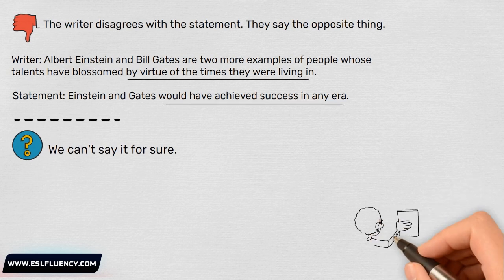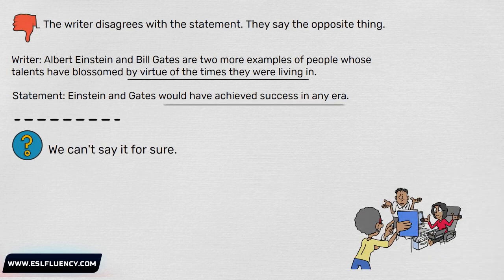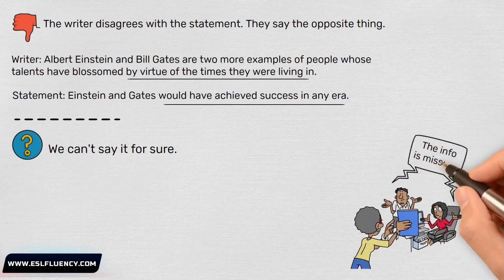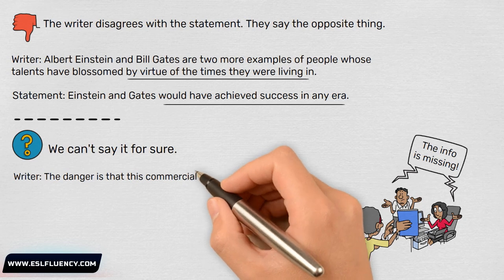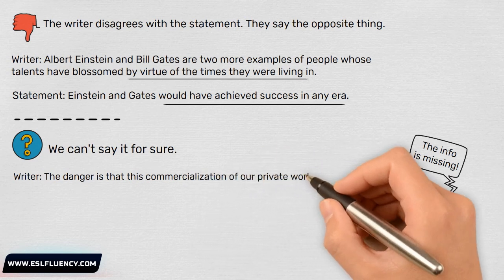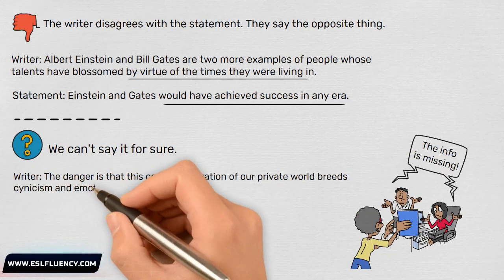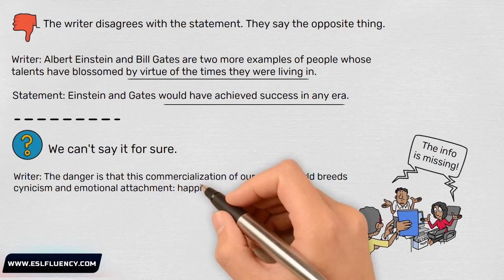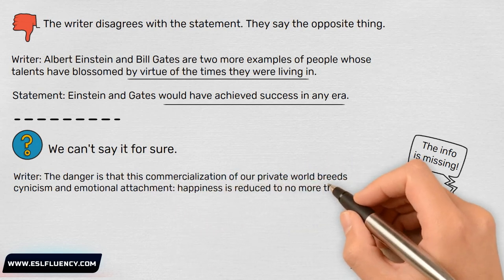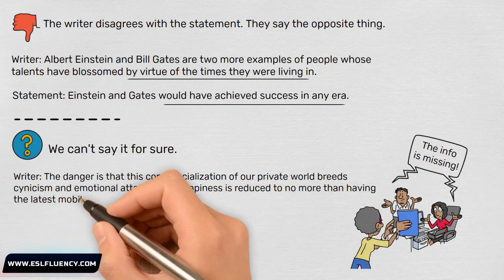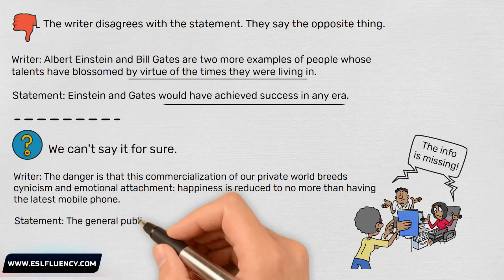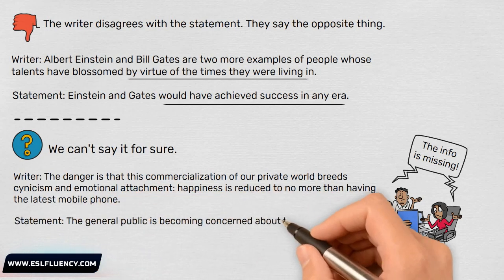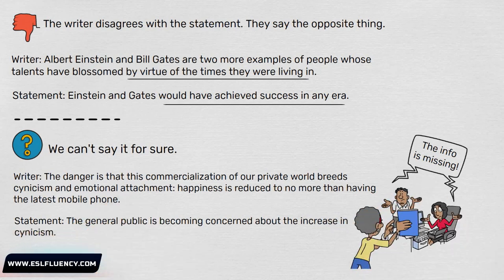Last but not least, the answer is not given when we can't determine what the writer thinks about the opinion in the statement. In other words, some key information is missing from the passage. For example, the danger is that this commercialization of our private world breeds cynicism and emotional attachment. Happiness is reduced to no more than having the latest mobile phone. Statement: The general public is becoming concerned about the increase in cynicism.